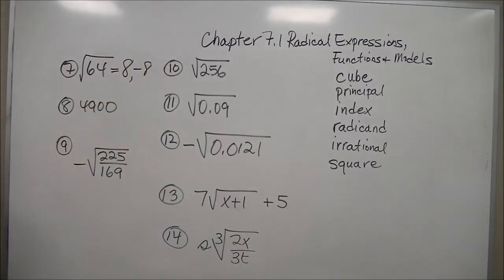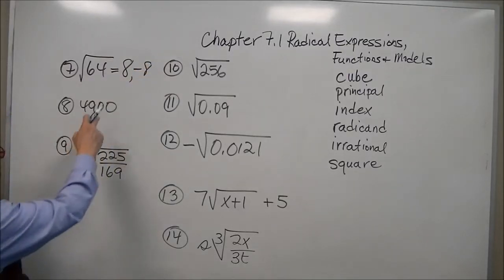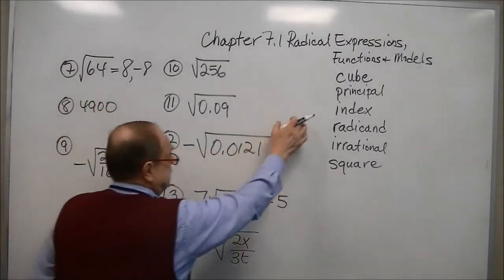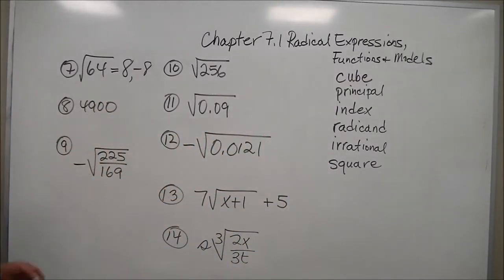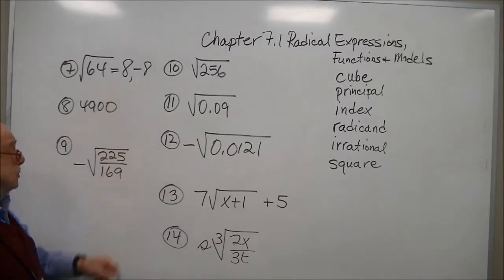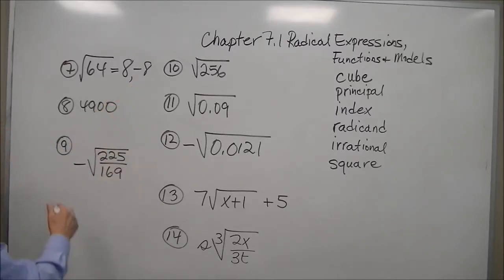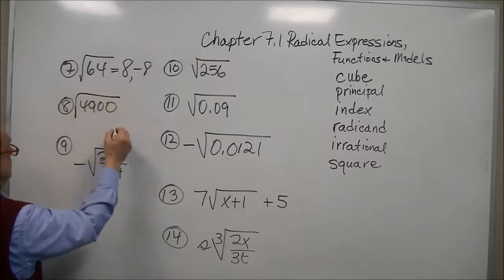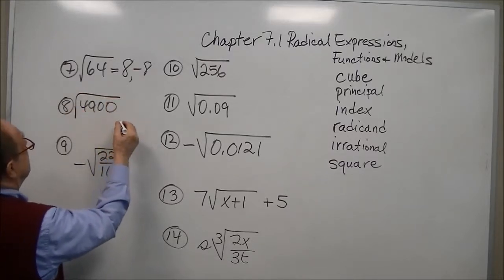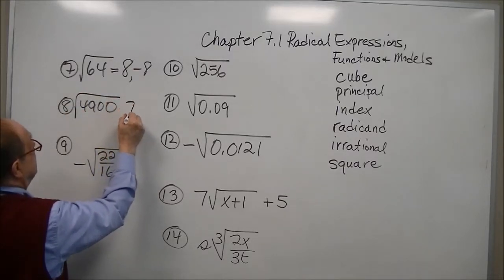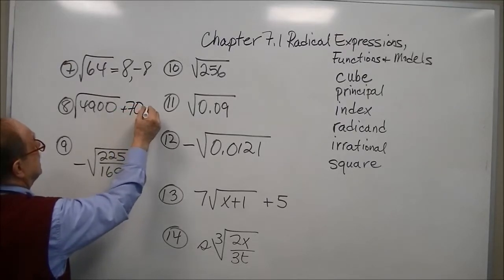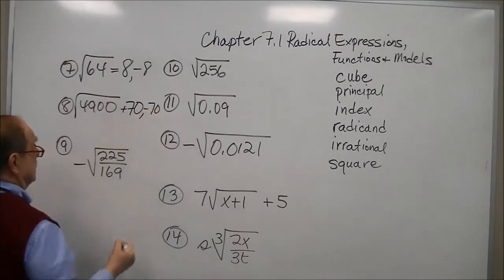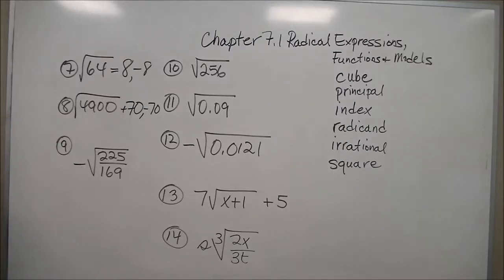Now the positive 8 is referred to as the principal square root, and this is just the other one. So again, square root of this, put the radical sign over it, and this will be a positive 70 and a negative 70. That was just for these.